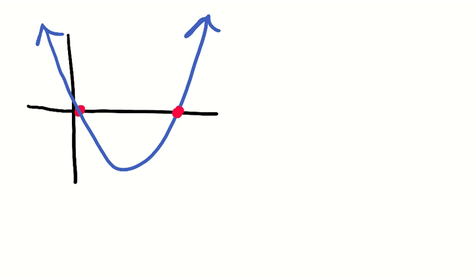Okay, one thing I forgot to mention earlier is the different names that we use for this. Really, these are all the same thing. They're solutions to the equation y equals 0. So we could call them solutions. Maybe you're called roots of the polynomial.